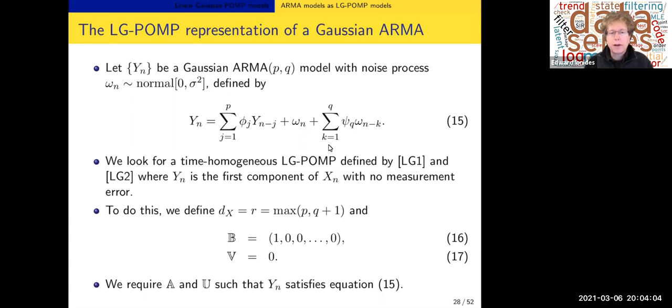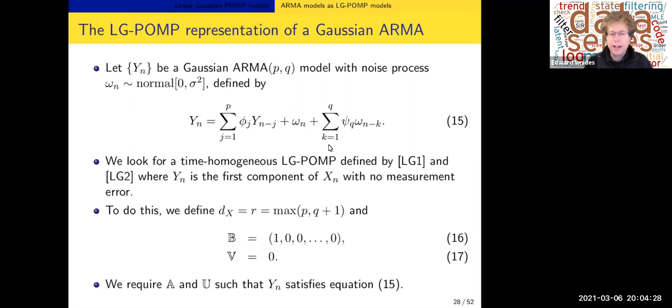So we are going to look for a situation where Yn is the first component of Xn with no measurement error. In this case, we know what B and V are, because B must be just the matrix that picks out the first component of Xn.